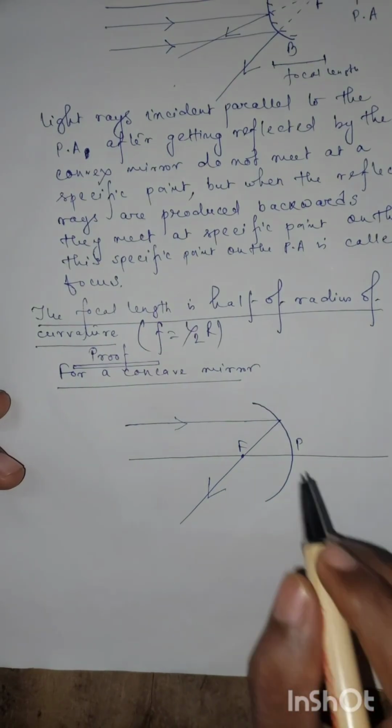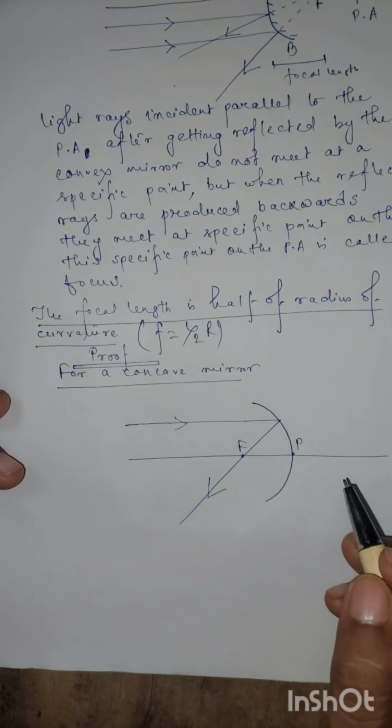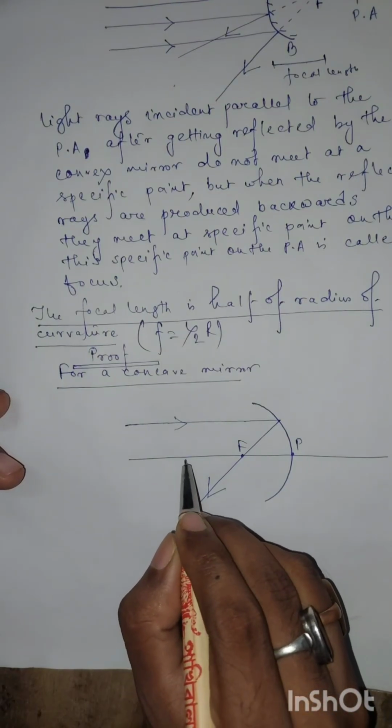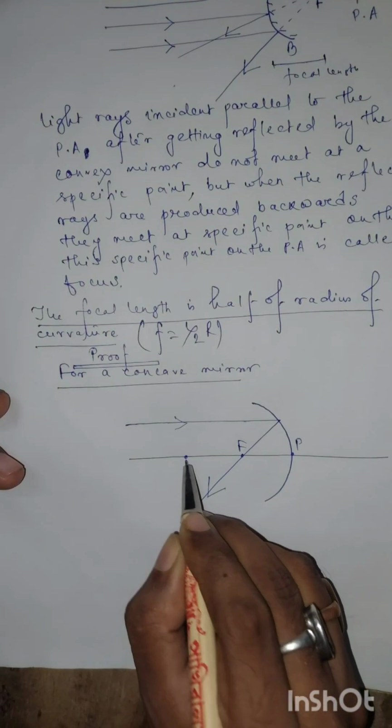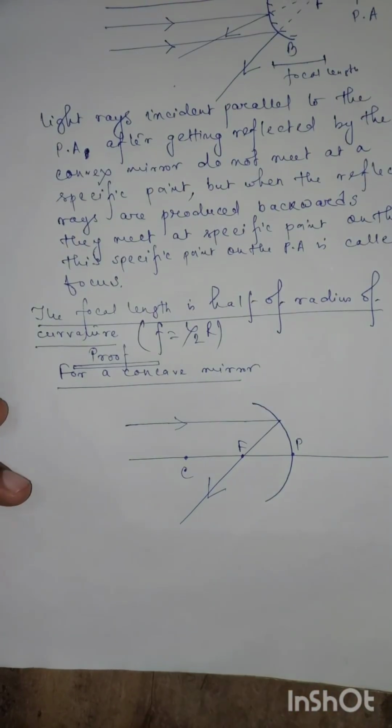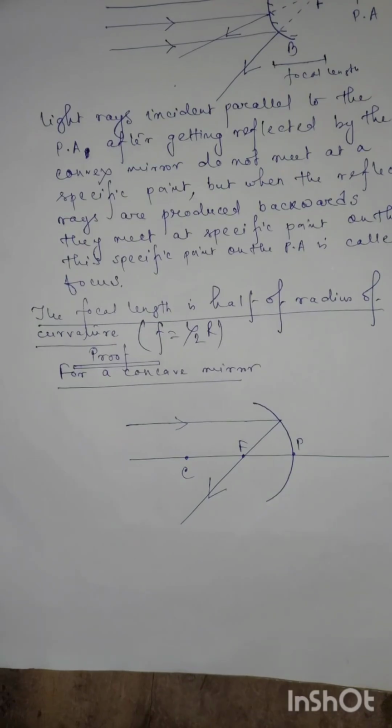Okay, this is our pole, and let us assume this is our center of curvature.